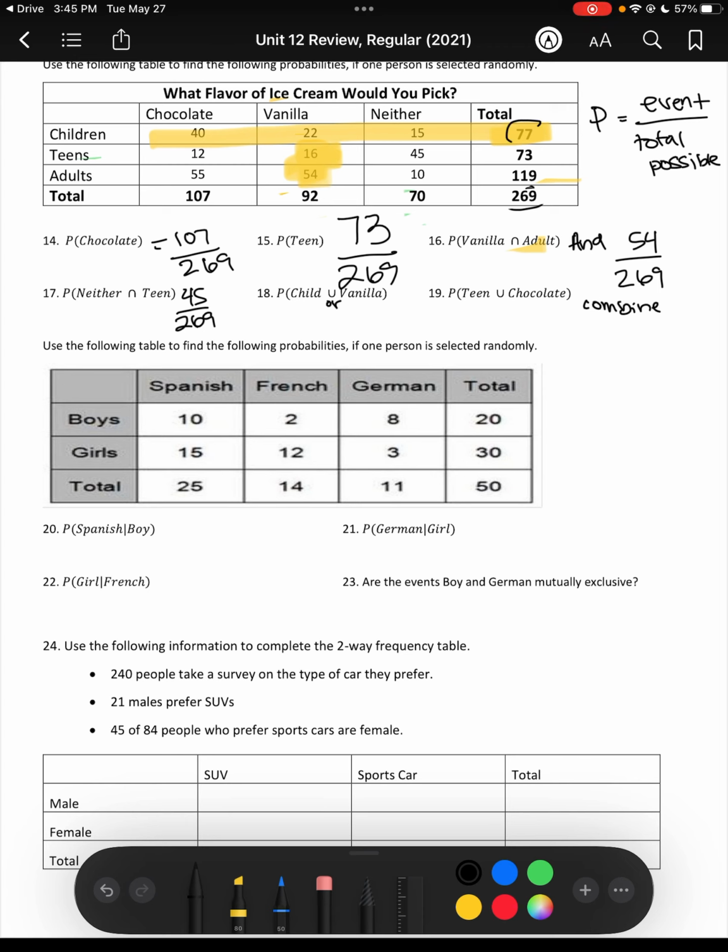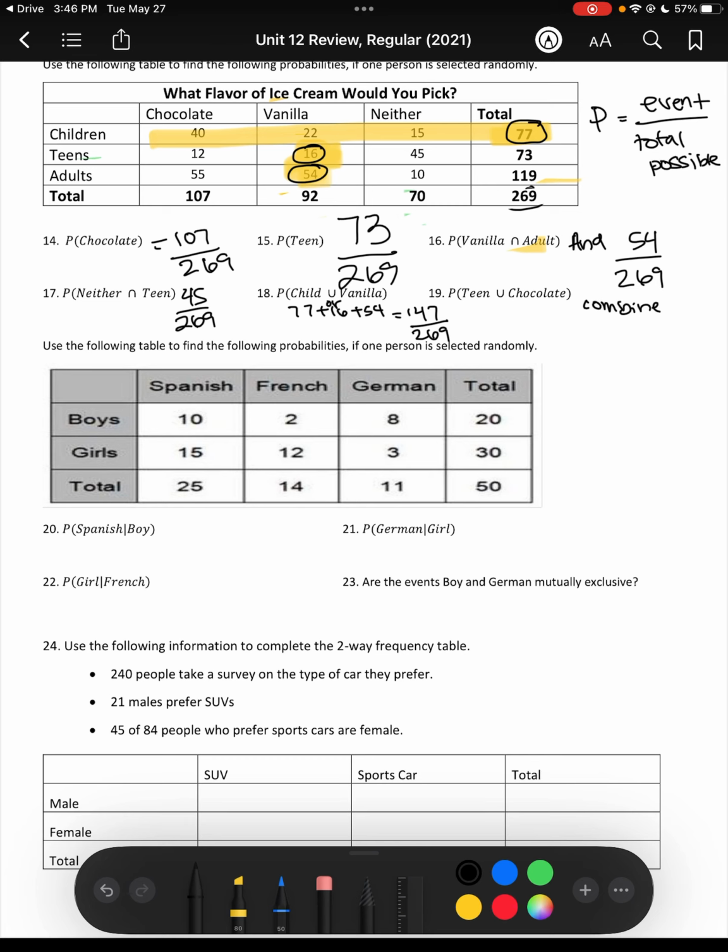I like to start with this total children and then add in the teens who like vanilla and the adults who like vanilla. So this is 77 plus 16 plus 54. So that gives me 147 that are either a child or they like vanilla ice cream.